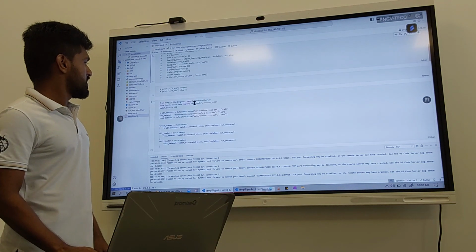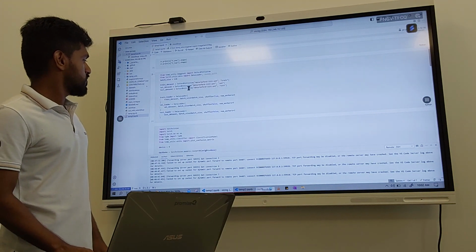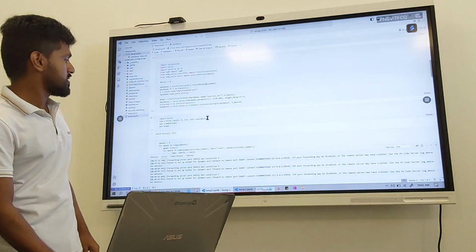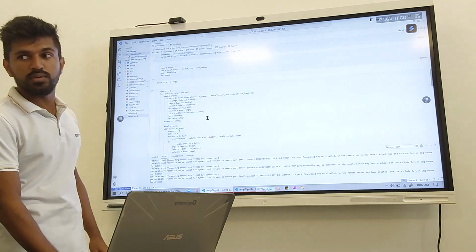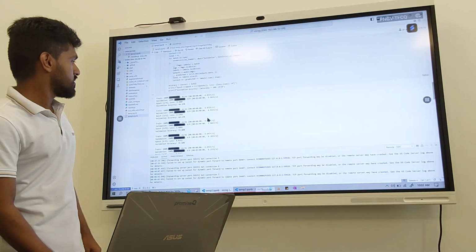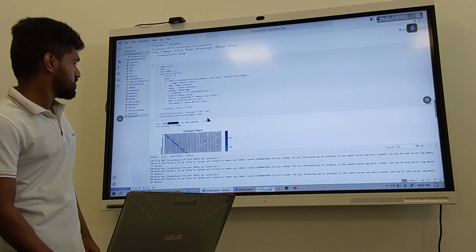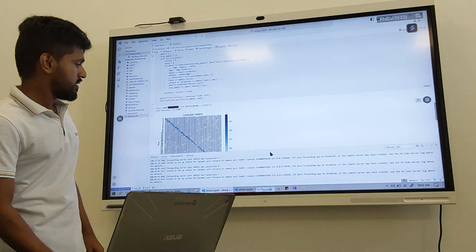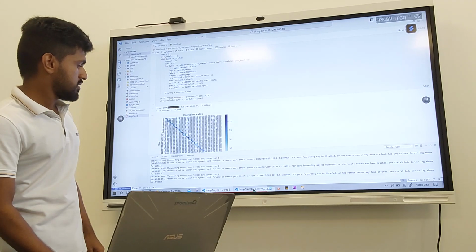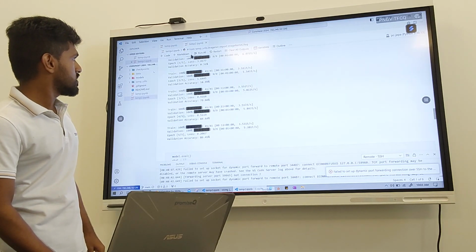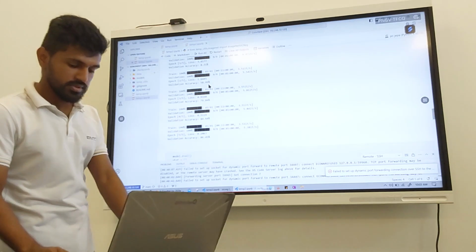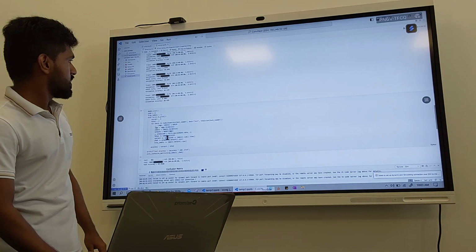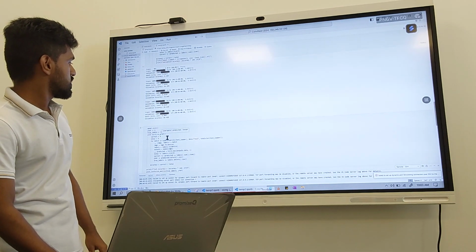This is the implementation I did. The first implementation was a classification task with the ResNet-50 model, and it got 77.5 accuracy. Then I did another training with the ConvNeXt model.